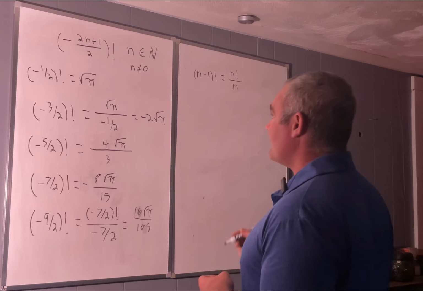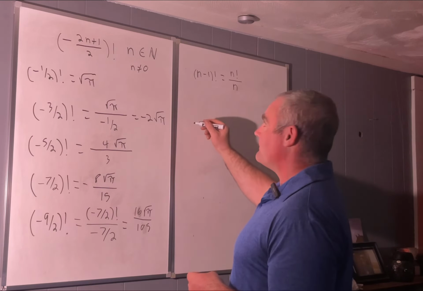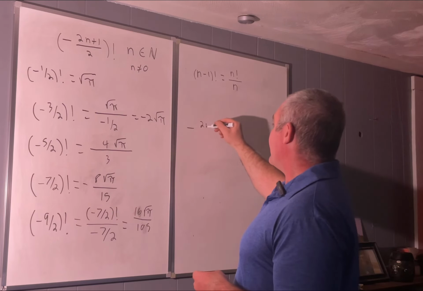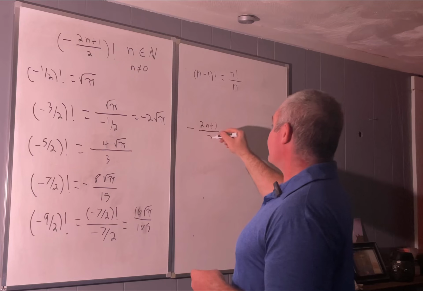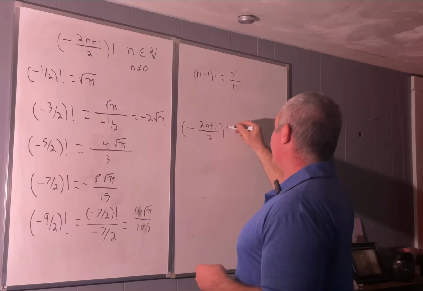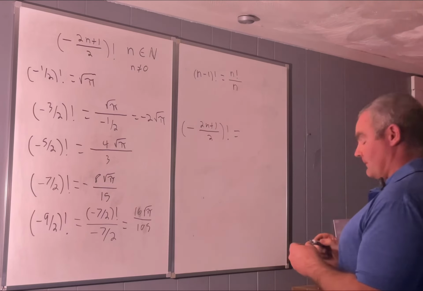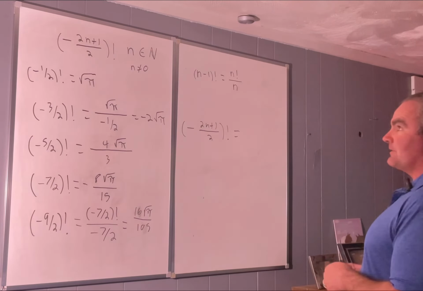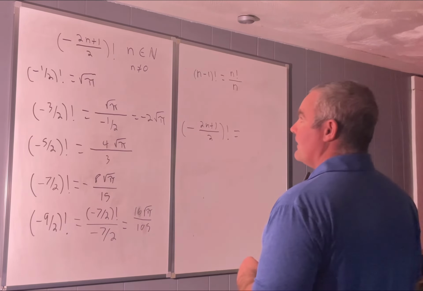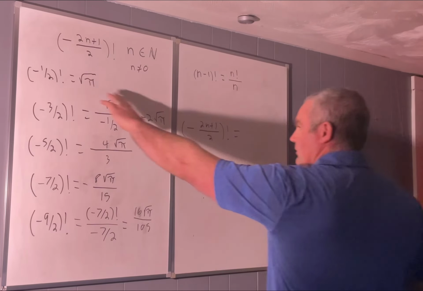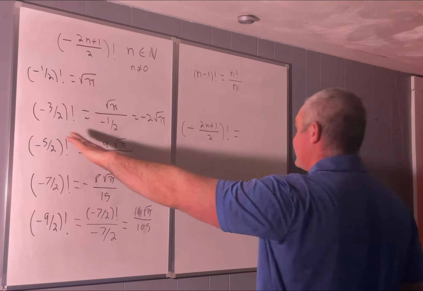Okay. So it looks like negative (2n plus 1) over 2 factorial is going to be alternating. We don't want n to be 0, so we have to start at n equals 1. That would correspond to this term right here.